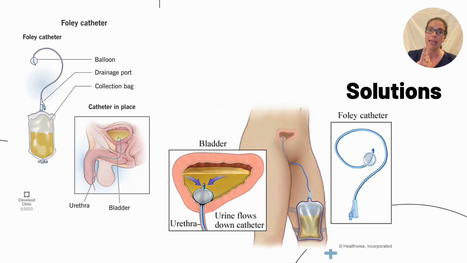This is whereby you get a tube that is pushed up the urethra, and then there is a little balloon that inflates inside the bladder that prevents the urine from coming out of the urethra where you usually pee out of, and instead the urine goes through the Foley catheter and collects either in a bag, maybe strapped to your leg or on the side of a hospital bed.